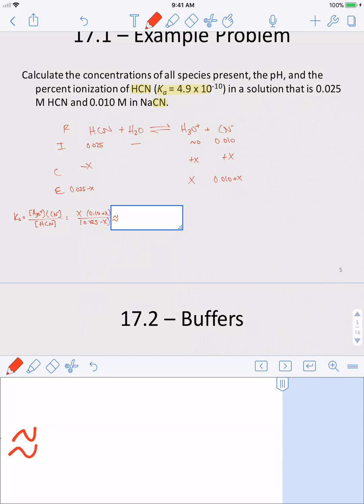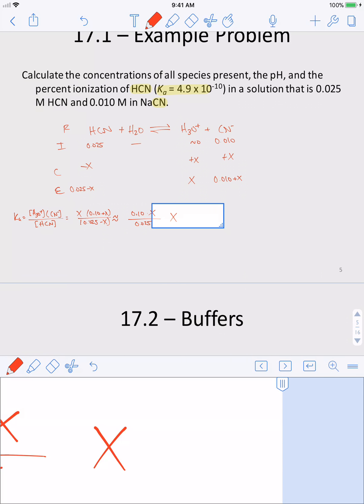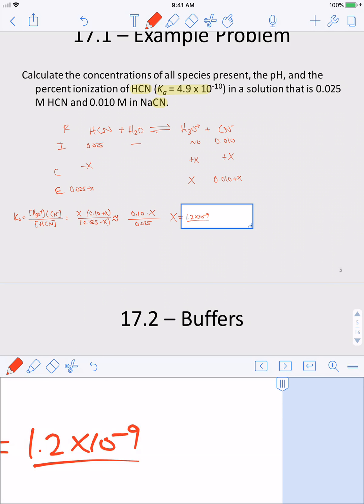The assumption is that X is small, so now we have 0.010 times X over 0.025. And we're going to simplify this and solve for X. X ends up equaling 1.2 times 10 to the negative 9. Okay, so that is a very small number compared to my original 0.01 and 0.025. So my assumption was very good.